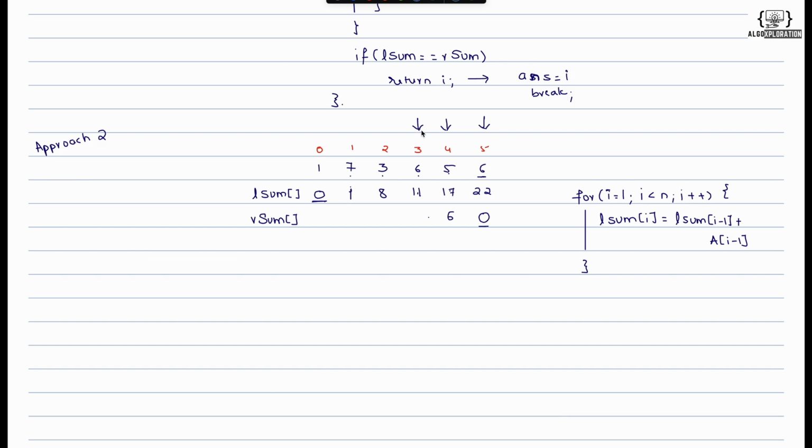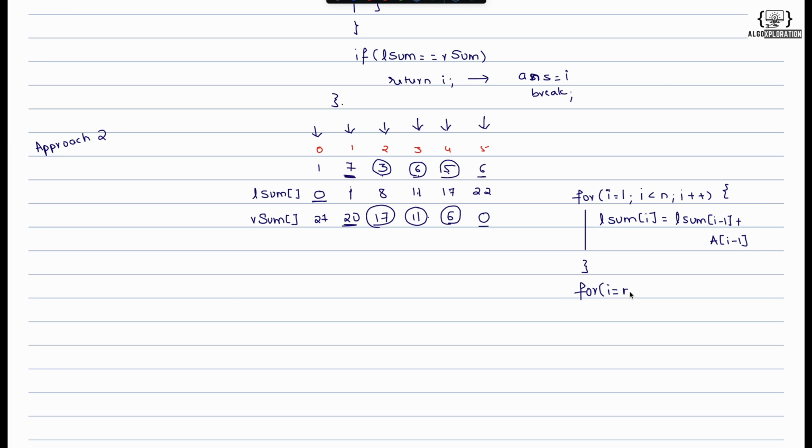If you are standing here, the right sum will be 6 plus 5, that will be 11. If you are standing here, the right sum will be 11 plus 6, that will be 17. If you are standing here, 17 plus 3, that will be 20. And for index 0, it will be 20 plus 7, that is 27.